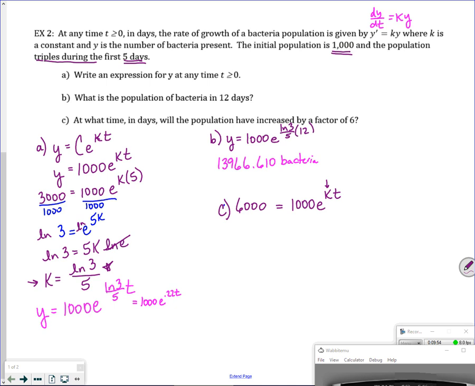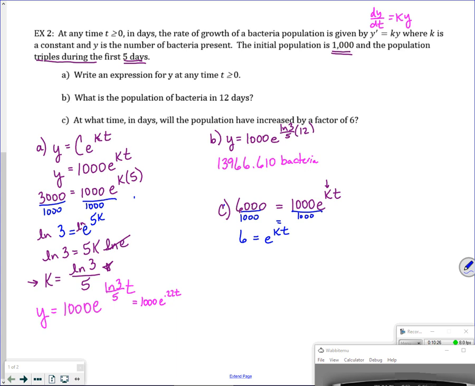Now, you have your choice in how you want to do this. I'm going to do it two ways, and you can pick your fancy. The first way is to solve for t just kind of like I solved for k over here. So some of you algebraic people are going to be like, I'd just rather do algebra. You're going to divide by the 1,000. So you have 6 equals e to the kt. Remembering I know what k is.